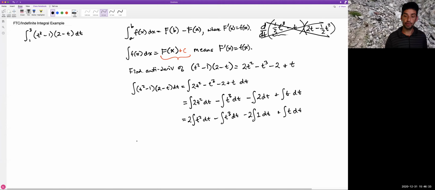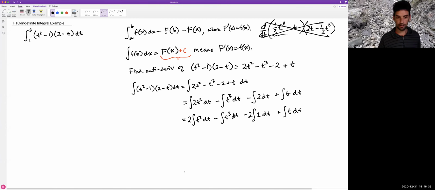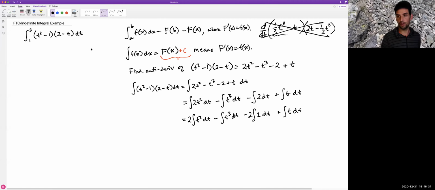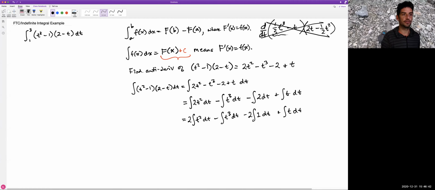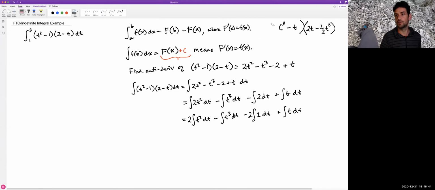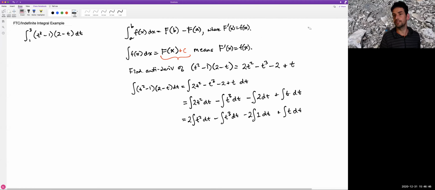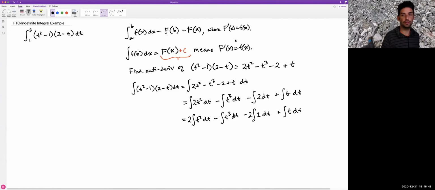to compute here. Let me remind us of one of our rules that I'll be using. So let's get rid of this wrong answer. Here's our antiderivative rule that I'm going to use.